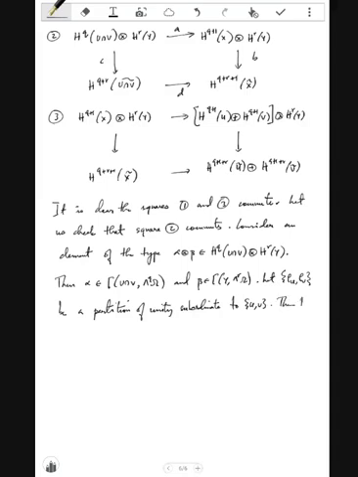Then the image of alpha in H^{q+1}(X) is an element alpha prime such that alpha prime restricted to U is equal to d of rho V alpha.